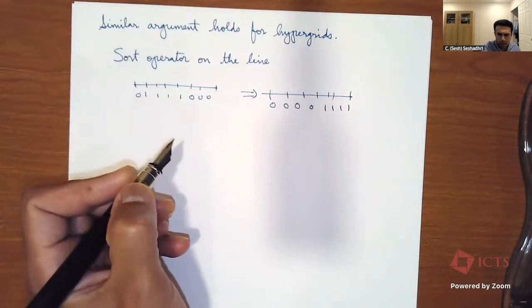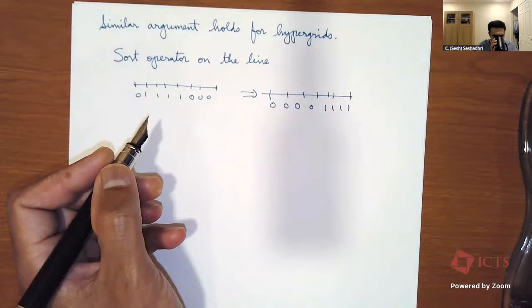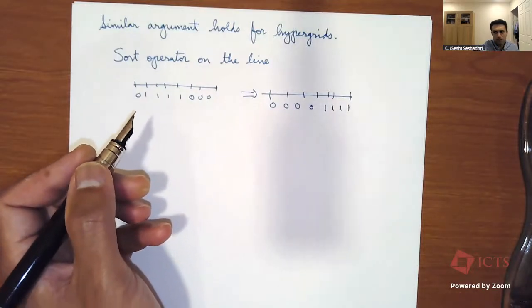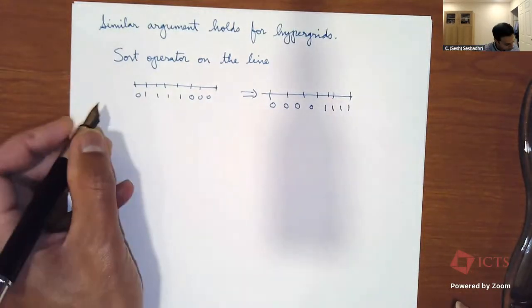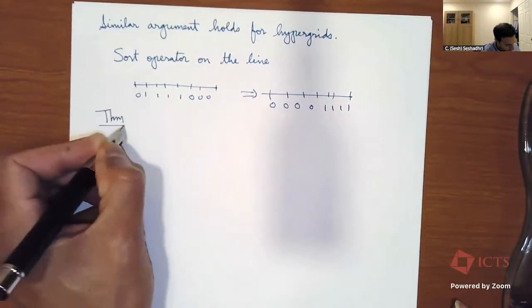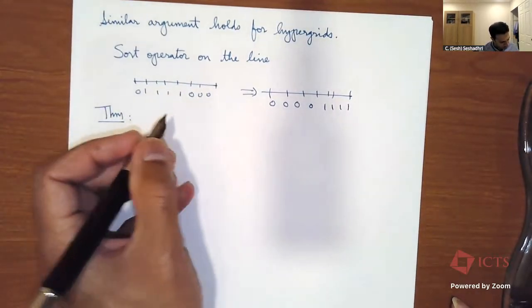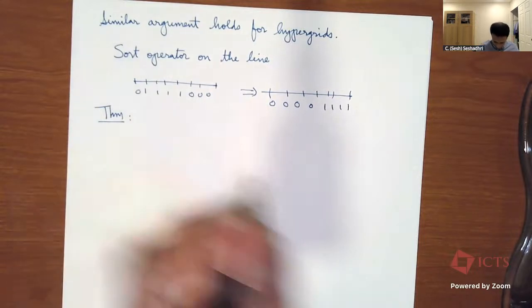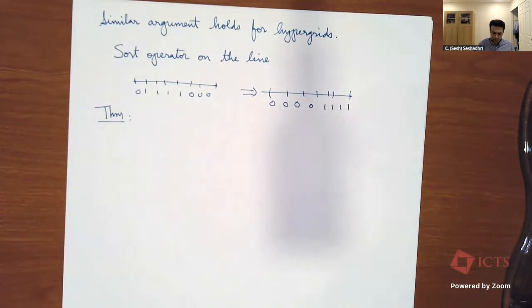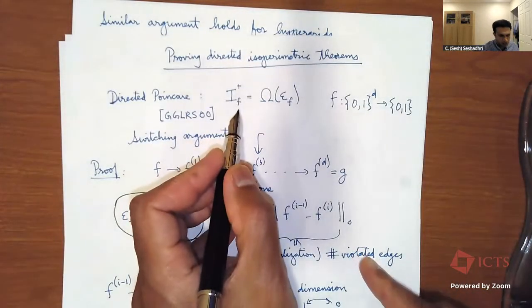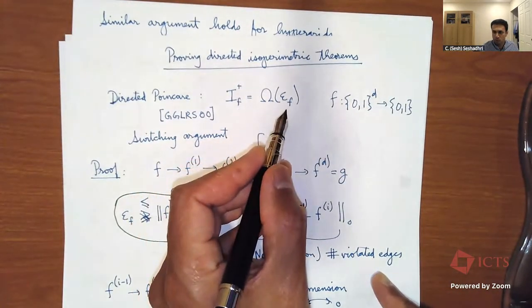Now, the final bound that you get, the theorem you get, is relevant to how you construct isoperimetric theorems over the hypergrid, where it's more complicated. There was a notion of influence here, which is omega epsilon.